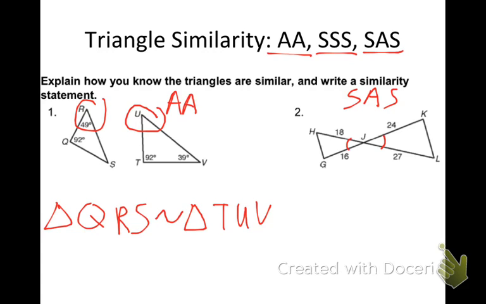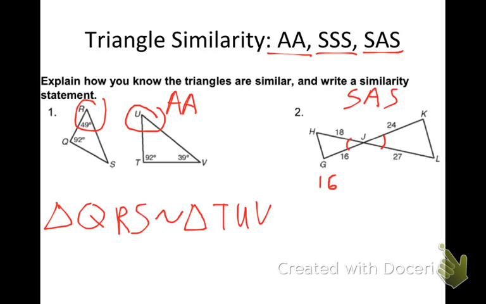Now, if I want to set up a proportion, though, how would my proportion be set up? How would you set up a proportion or a ratio of the sides? Tina, what would you say? It would be like 16 over 18 and 24 over 27. Yeah, that would work.